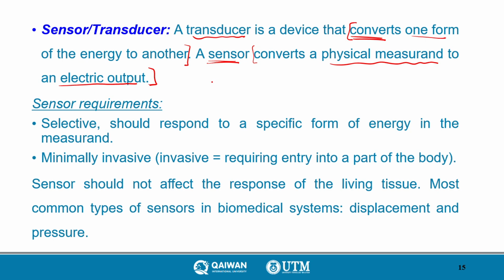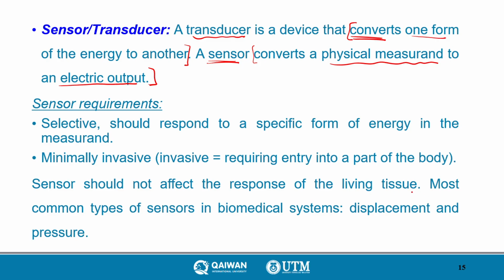Sensor requirements: selective, it should respond to a specific form of energy in the measurement. Minimally invasive; invasive means requiring entry into a part of the body. The sensor should not affect the response of the living tissue.